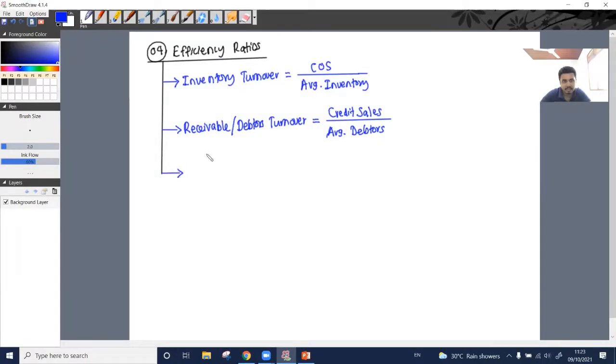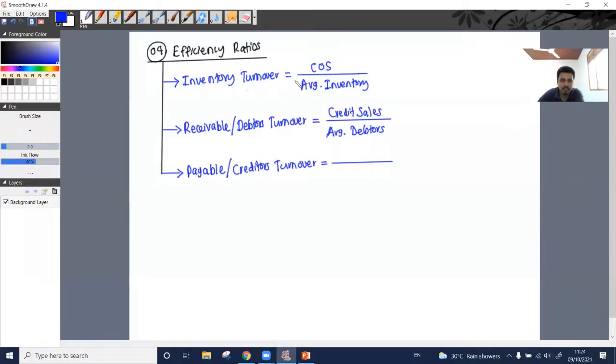And the payable, or else we can say creditors turnover. Creditors turnover. Payable turnover, or else we can say creditors turnover. How can we compute that?